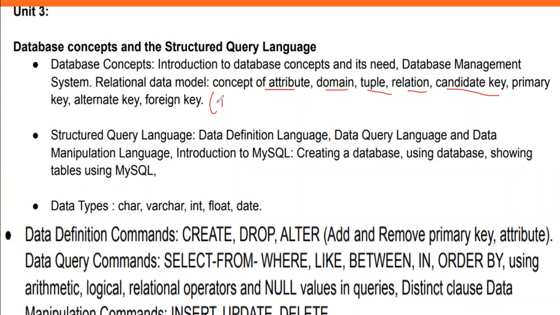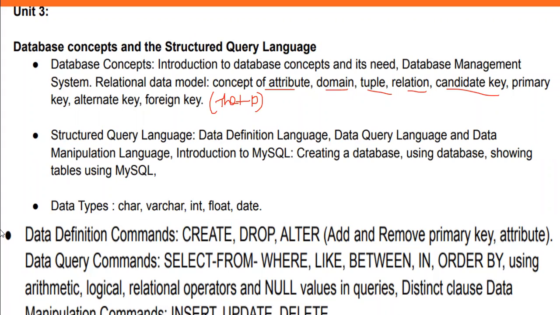All this you should know theoretically plus practically, because you have the practical from this chapter only. So what is the relational data model and what are the concepts of attribute, domain, tuple, relation, candidate key, primary key, alternate key, and foreign key.